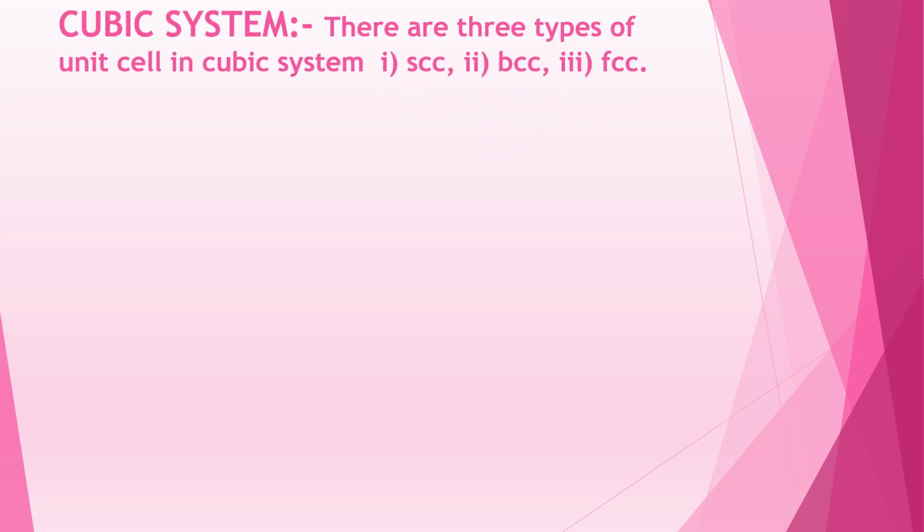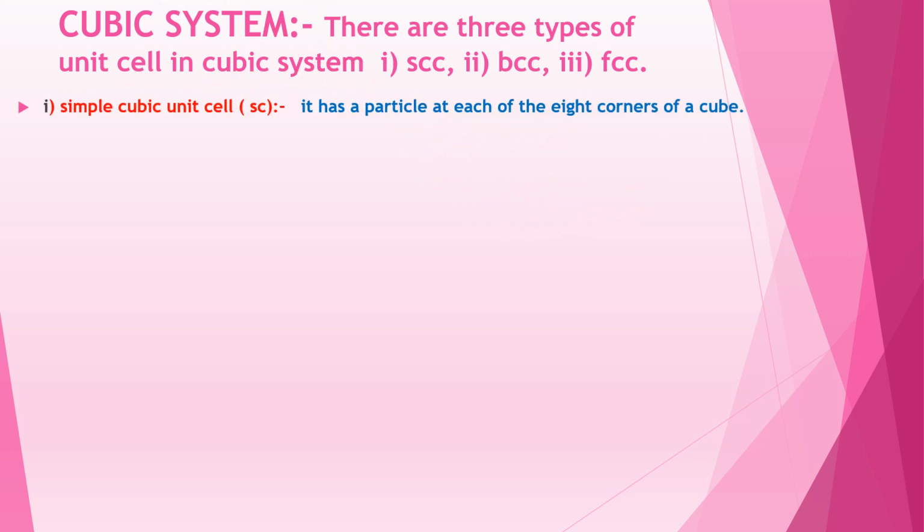Next one, cubic crystal system. There are 3 types of unit cell in the cubic crystal system, same as before: SCC, BCC and FCC. That means primitive or simple cubic, body-centered cubic and face-centered cubic unit cells.